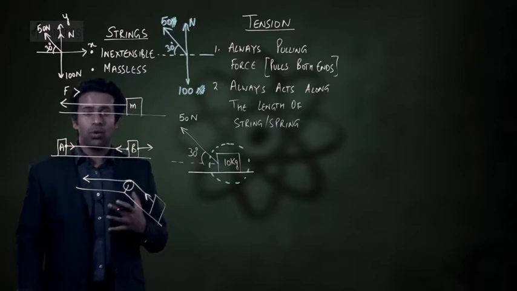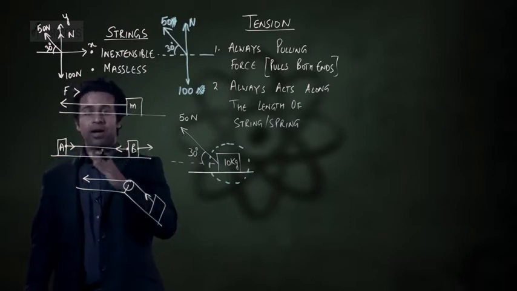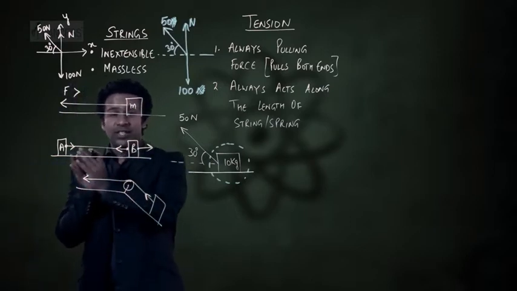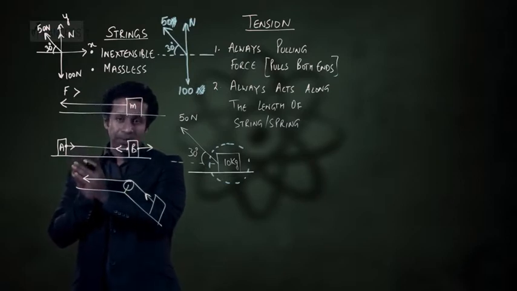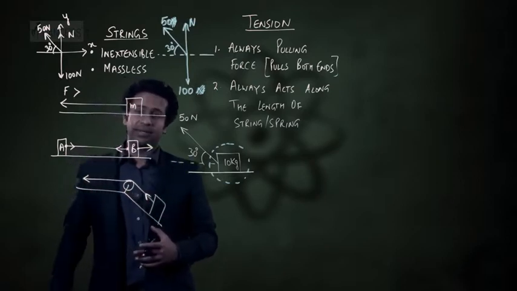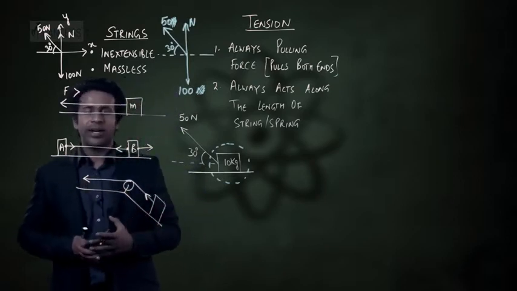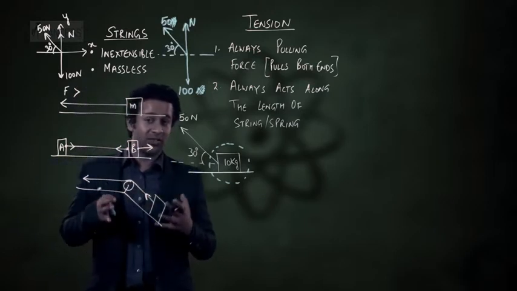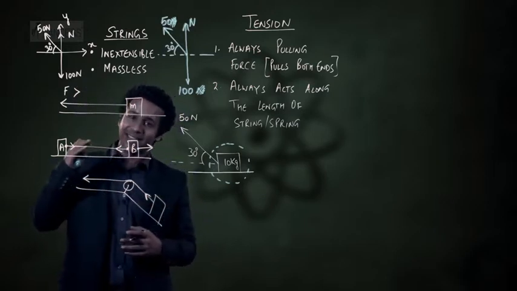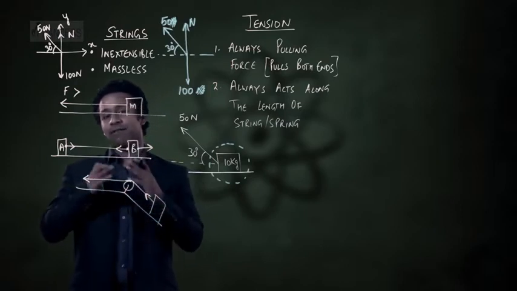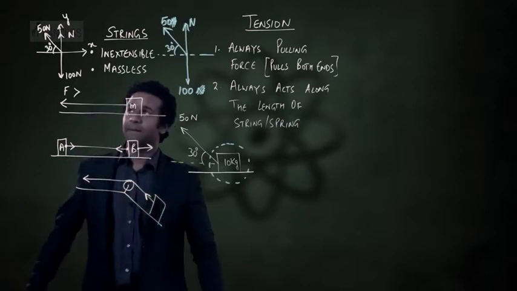Now you know that the axis between which the angle is enclosed gets the cos component. If you have any confusion about it, you can complete the triangle as we had discussed earlier and then see whether you should have cos theta or sin theta. Right.